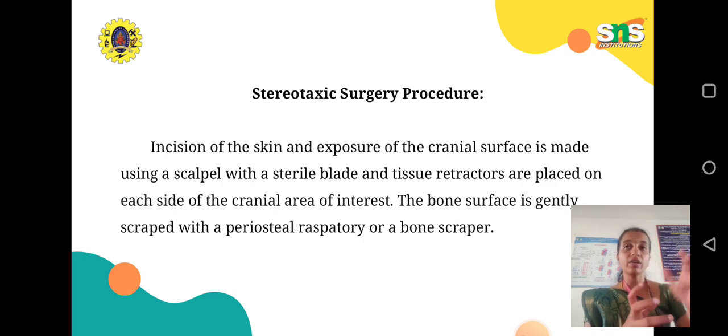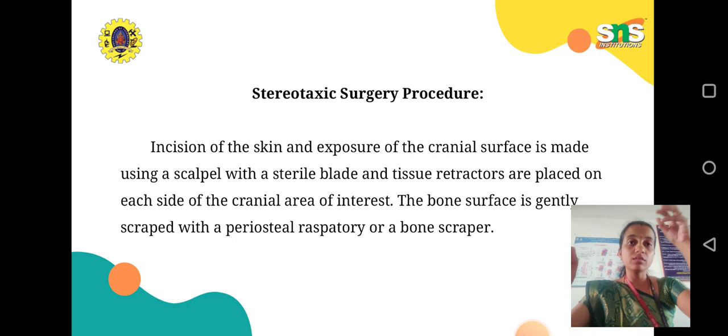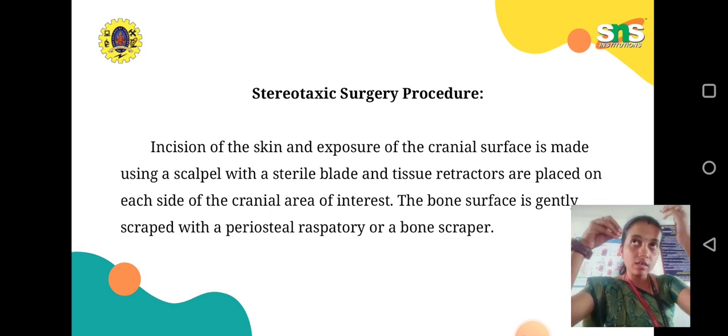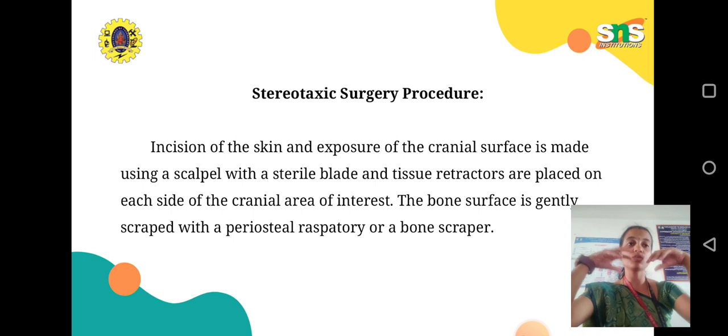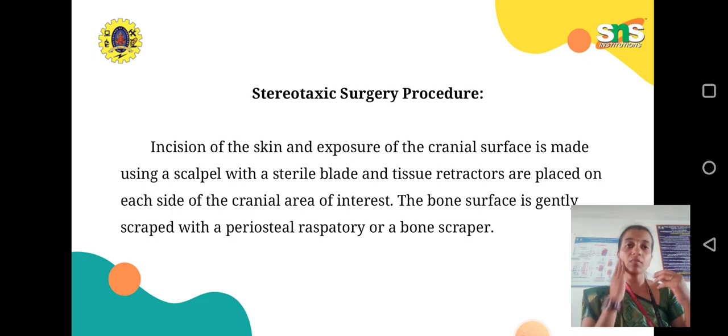Since this takes place in the brain, in the scalp we have the cranial surface, which is very hard, and that place will be treated very sensitively, since once the brain gets affected completely, the whole body collapses.